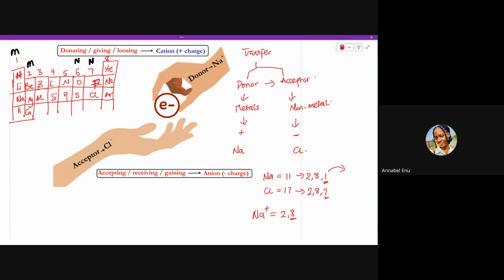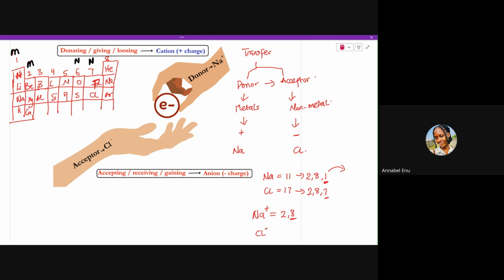Chlorine is going to accept 1 electron than for it to donate or give off the 7 it already has. So if it's accepting 1, that means it's having 1 in addition to its 7. So for chlorine to be stable, it will be accepting 1. And I told you accepting means acquiring a negative sign.